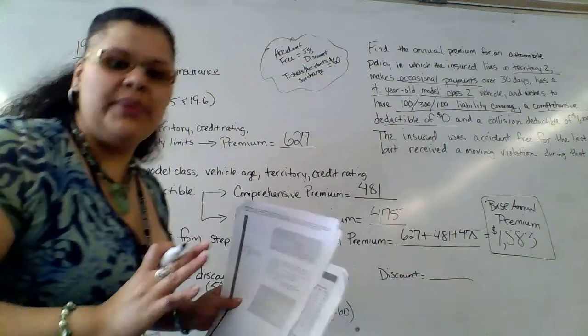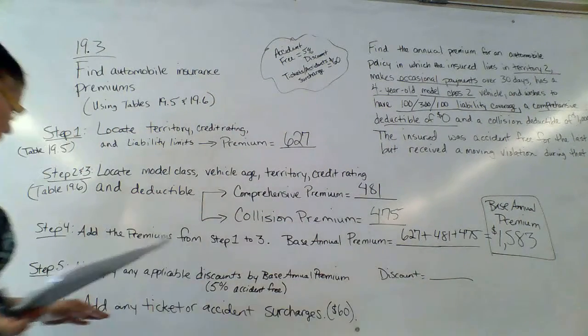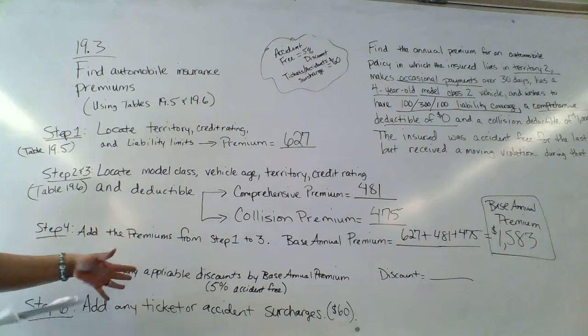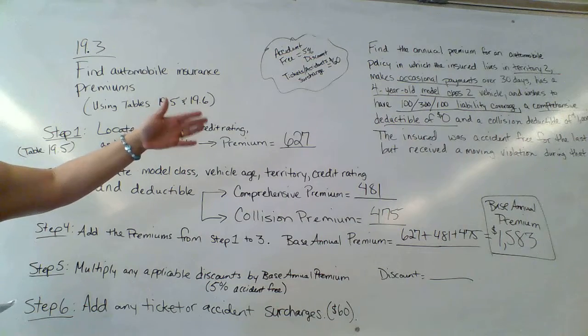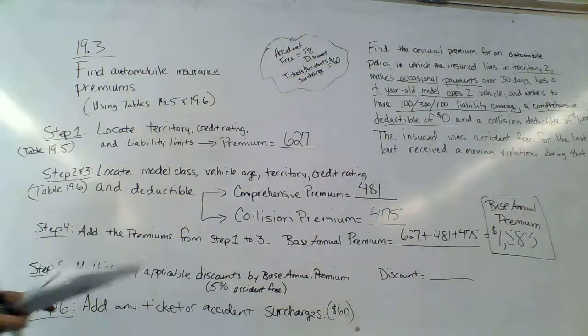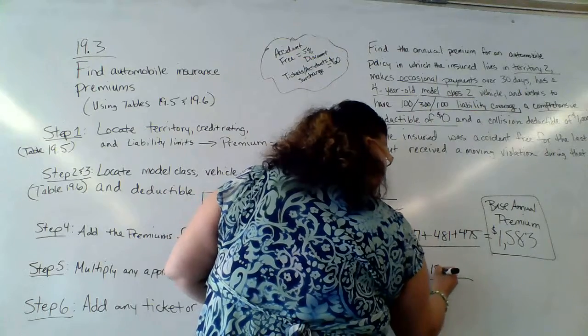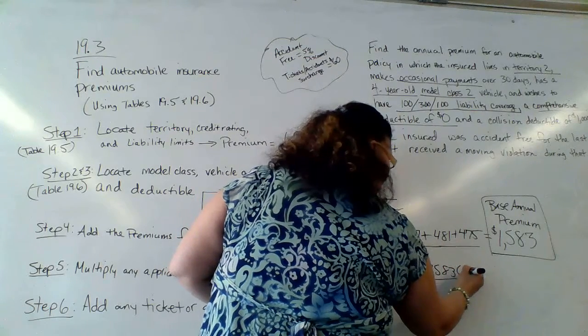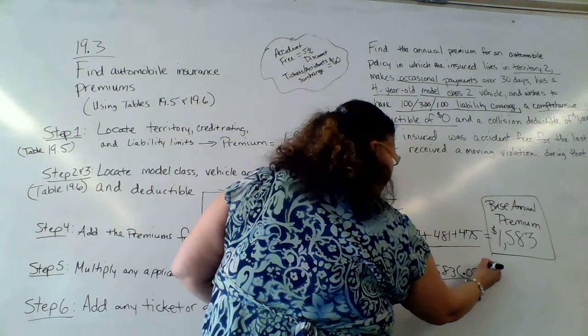So now that we know our base annual premium from adding those 3 steps together, now we can move on to any discounts that we might have. And we know that this person, the insured person, was free from accidents for 3 years. So we have a 5% discount coming to him. So for the discount, we're taking the base annual premium, which is $1,583, and we're going to multiply it times 5%, or 0.05.